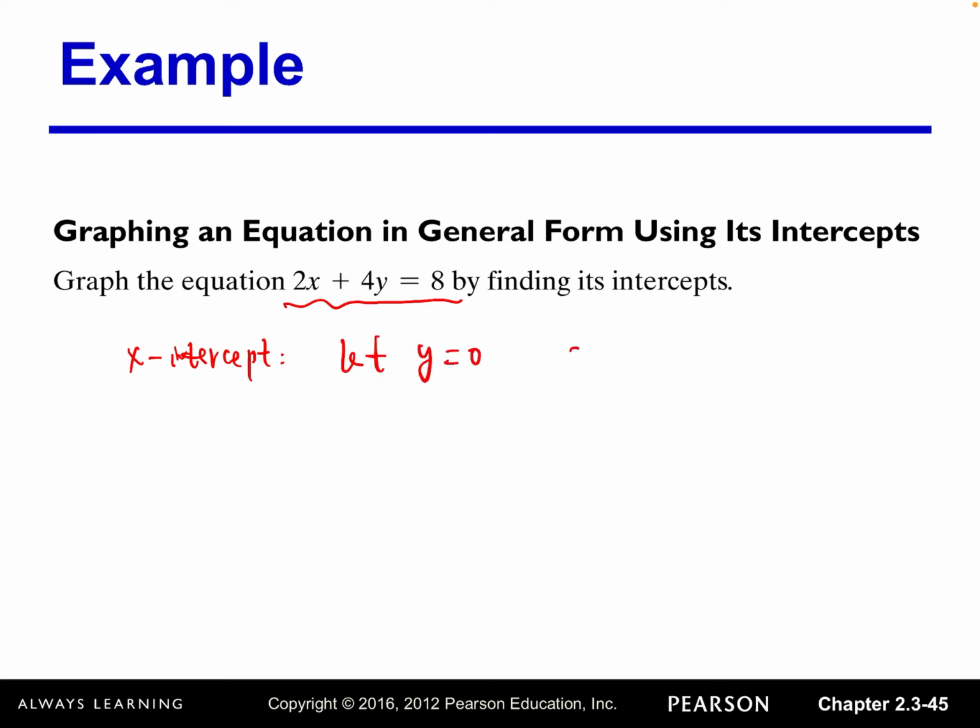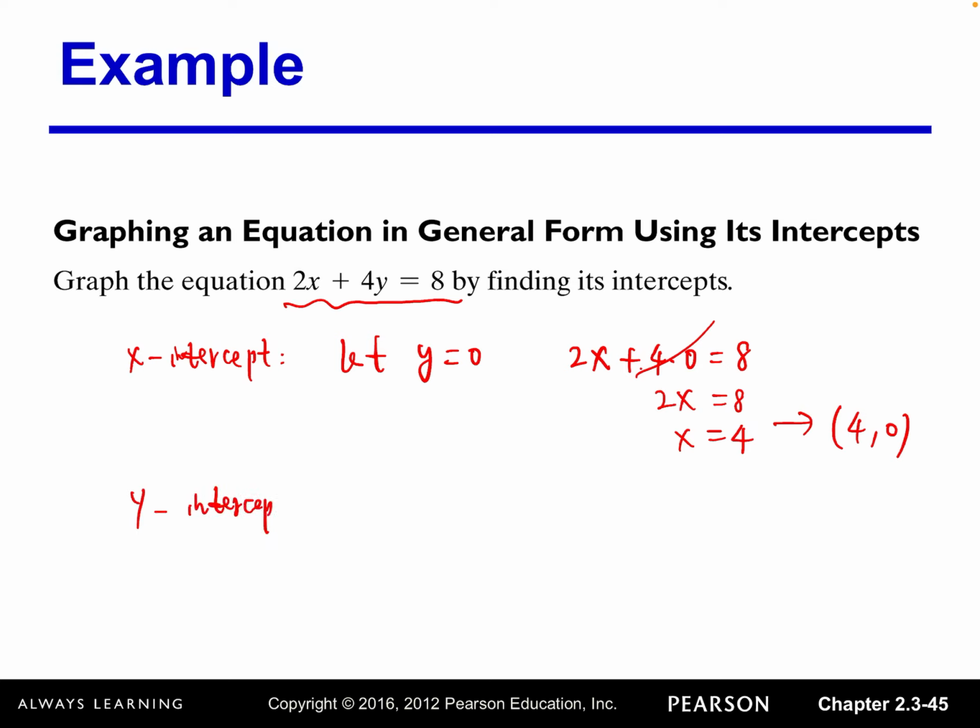And then plug into the equation. So we have 2x plus 4 times 0 equals 8. Any number times 0 is still 0, right? So we get 2x equals 8, x equals 4. So we can easily solve for the x-intercept. If we want to write it in point format, that's (4, 0).